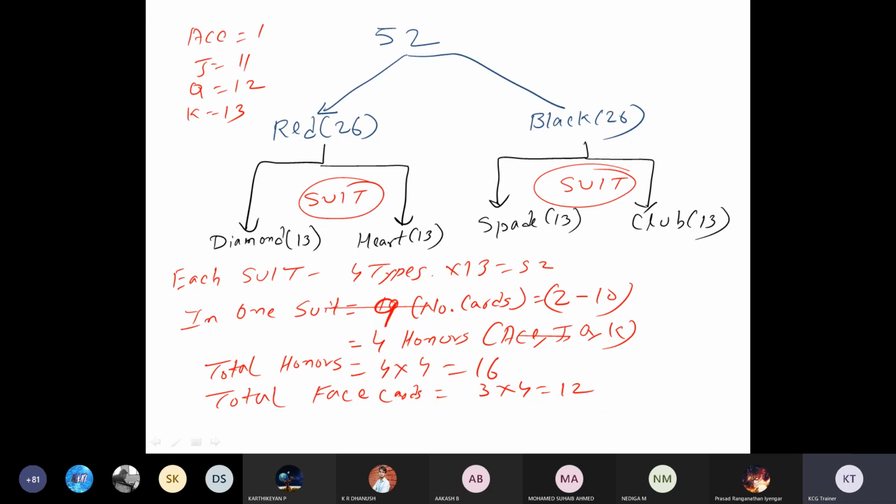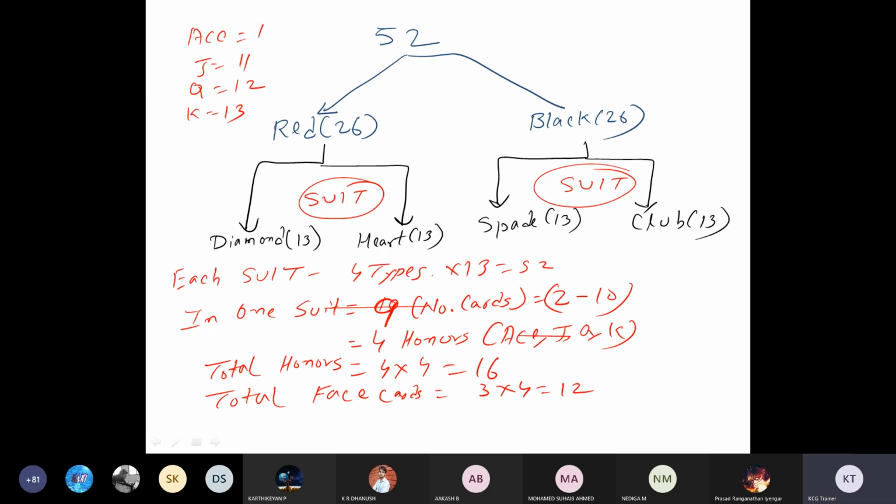Now, these 26 red color cards are again divided into two types based on the suit. A suit is made up of different shapes. There are four shapes.